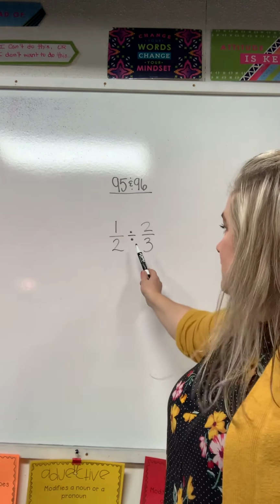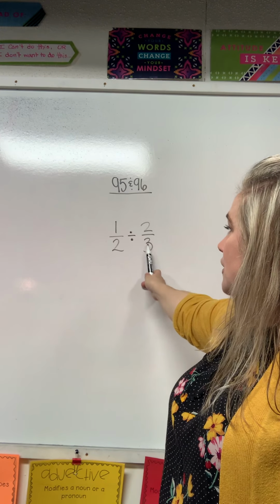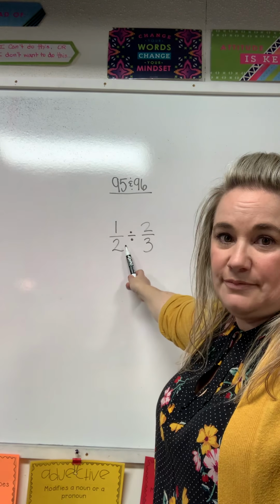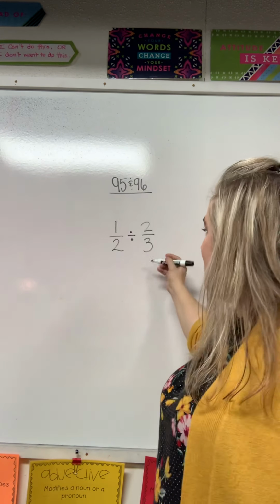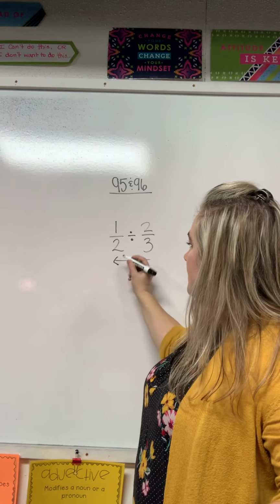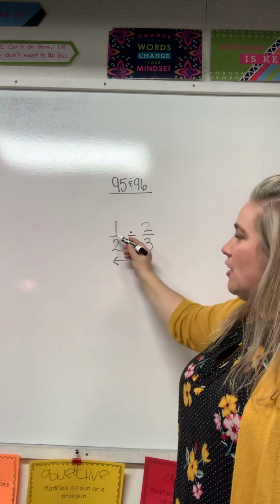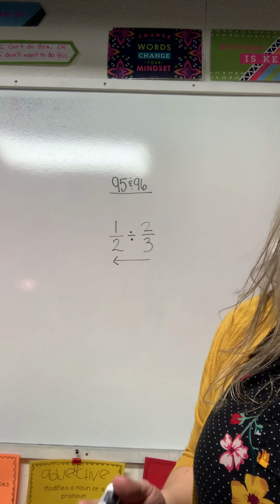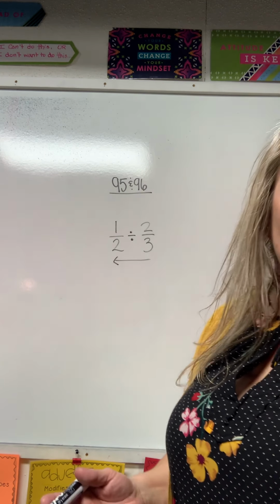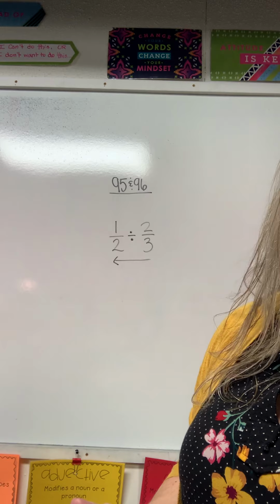This problem means how many 2/3 are in 1/2. That's what this problem is saying. Anytime you see a division sign, you almost want to read it backwards. This means how many 2/3 are in half. That's how you read this. And in order to figure that out, we change the question.